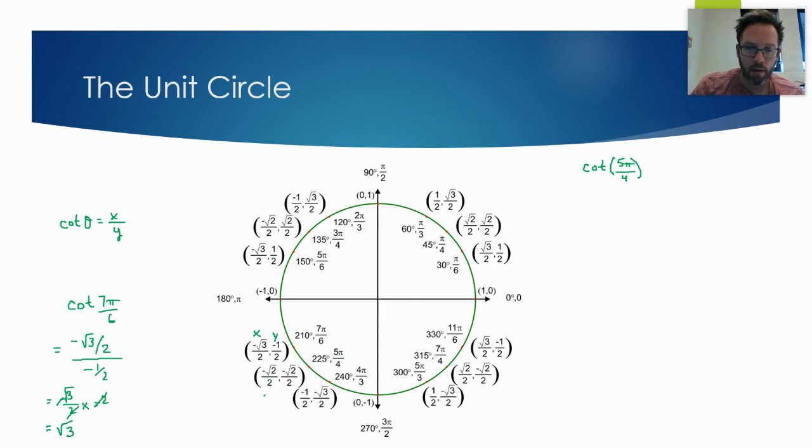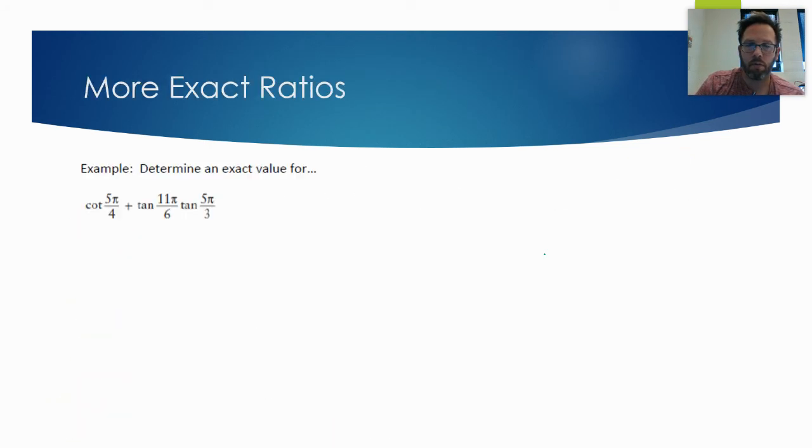The y is also negative root 2 over 2. And I can see that x over y there, and I'll write it out. Negative root 2 over 2 all over negative root 2 over 2. That just equals 1. So the unit circle coming in handy, saving the day here.